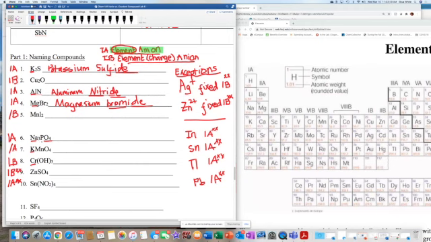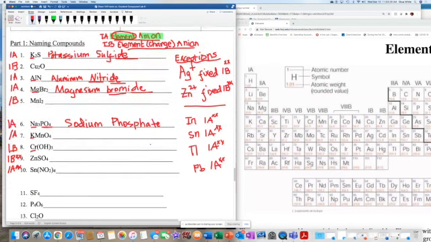You have phosphorus, you have oxygen. So you can say you have a polyatomic. Here, once again, you will have two parts of the name. The first one will be sodium. The second one will be phosphate, because you memorize these. Phosphate. Not to be confused with phosphite.